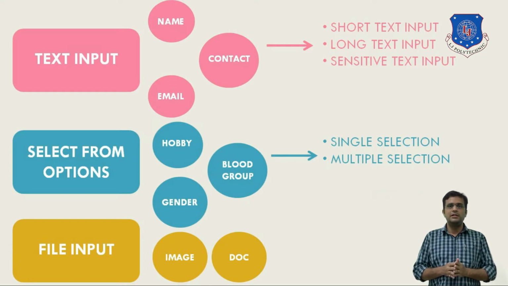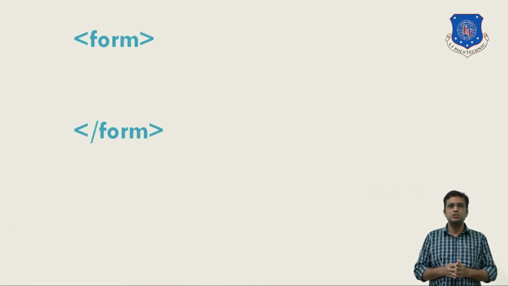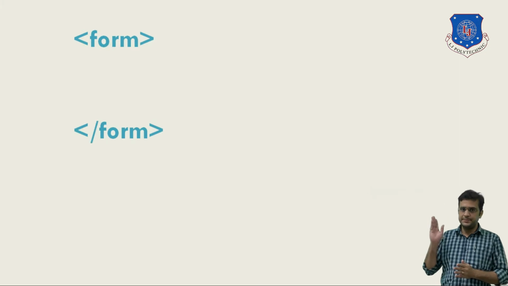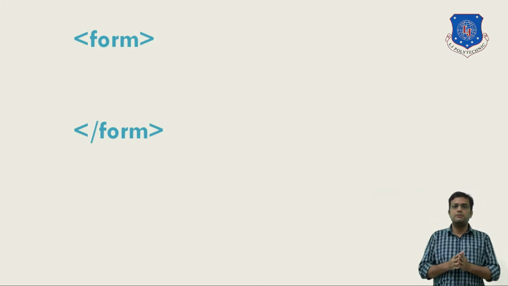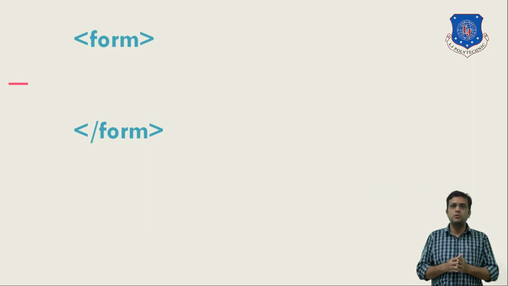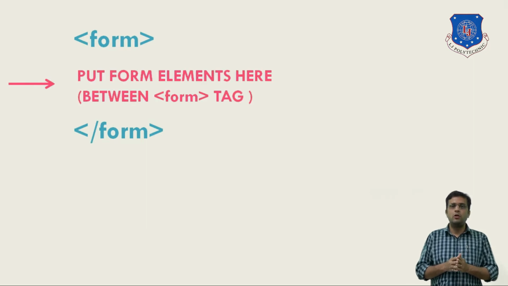First of all, let us see how we can create a form. To create a form, we have to use form tag like this. So you have to open a form tag and close it, and inside that form tag you have to put all of your form elements. There are two properties, those are necessary to set in form tag.